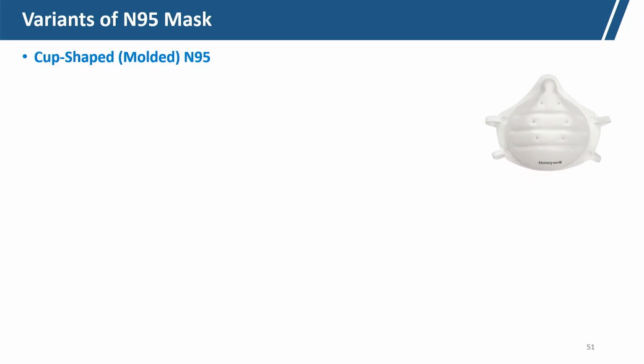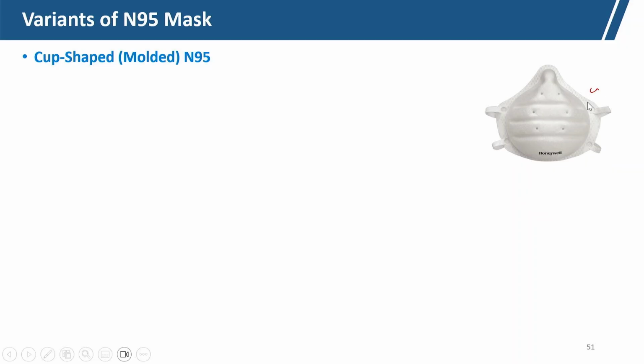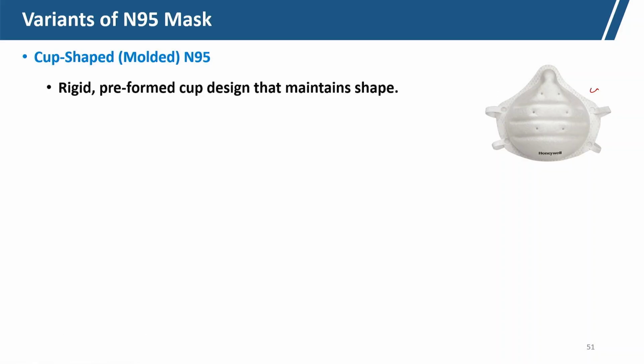and there are other variants of the N95 mask. There is a cup type model, which is molded N95. You can see this is the N95 which has a molded outer layer, cup type, rigid and preformed cup to maintain the shape.